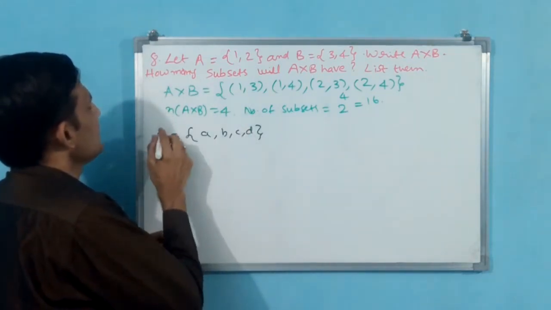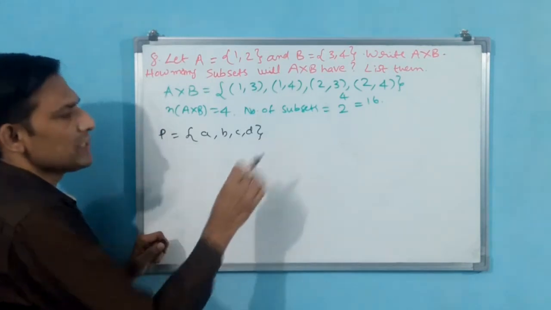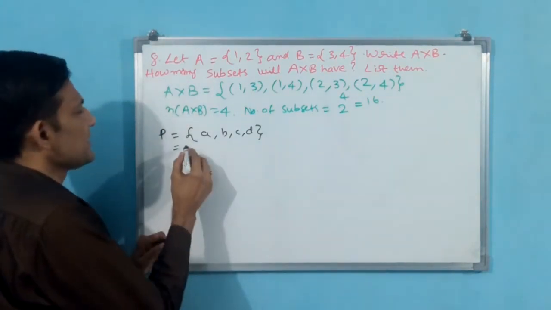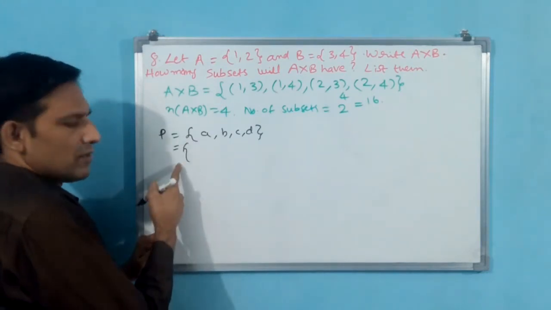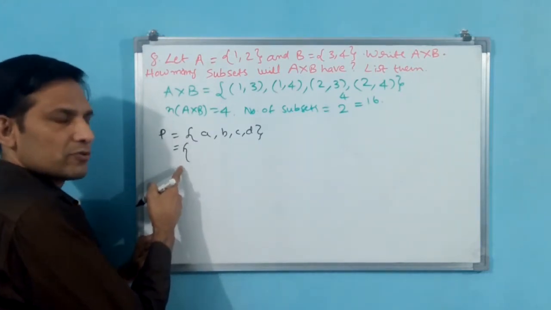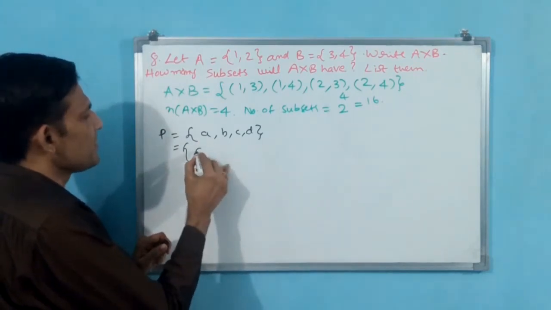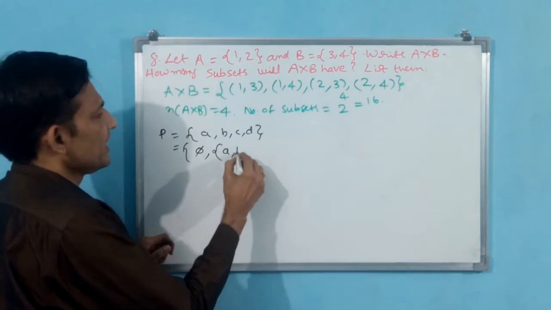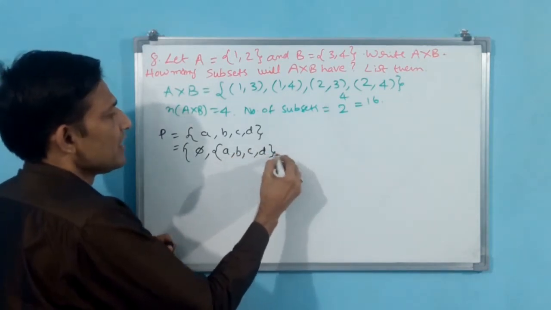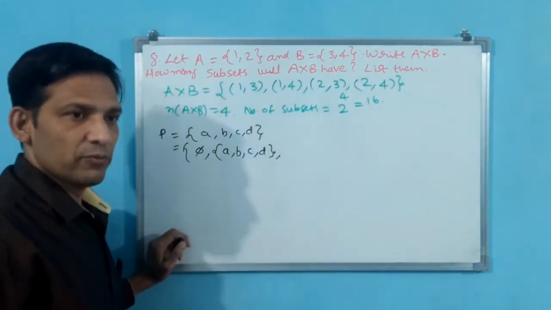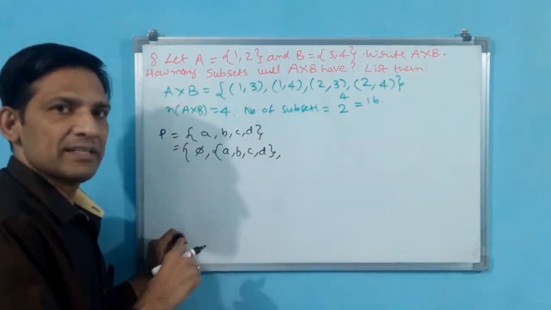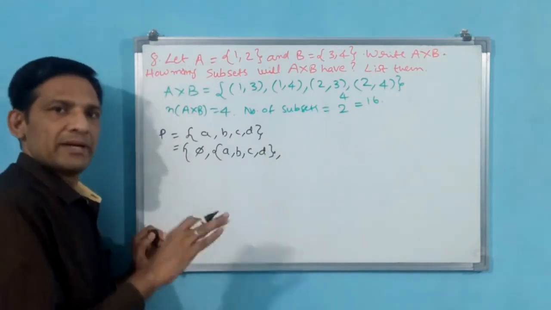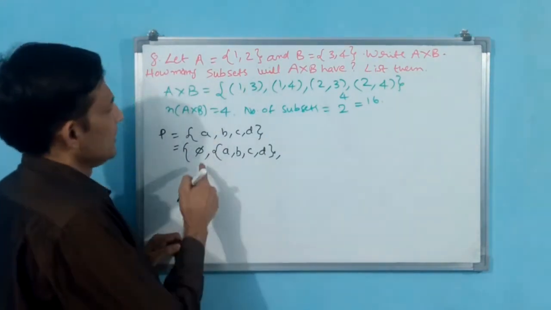Or else you take this as P. P is equal to A, B, C, D. Now I am writing all the subsets. First open the brace, then first take the empty set. Then you take the full set: A, B, C, D. If you have not watched my classes on sets, you are not able to understand this. That is why first you watch sets. I have explained how to take subsets and all.